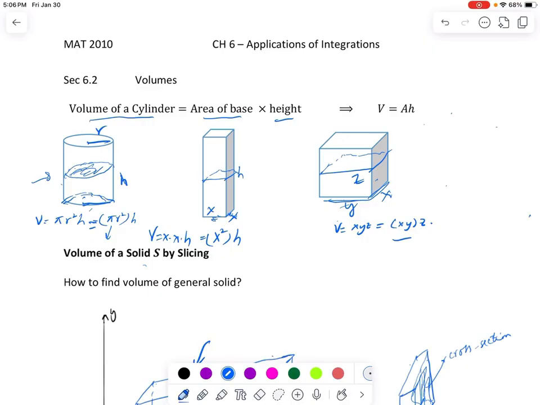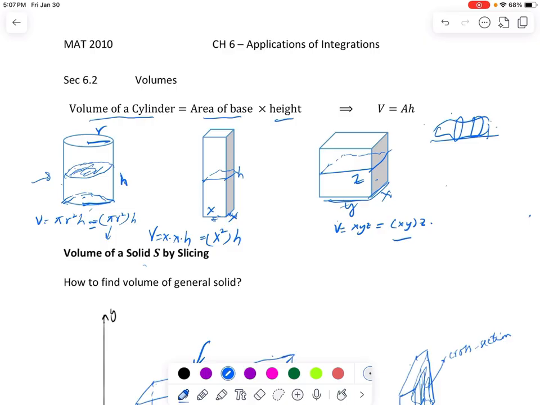Now what about a general type of solid, something like this? Well, we can do it. Actually, we don't know the function right now, but we can cut slices.